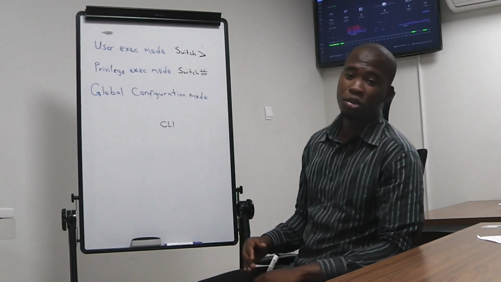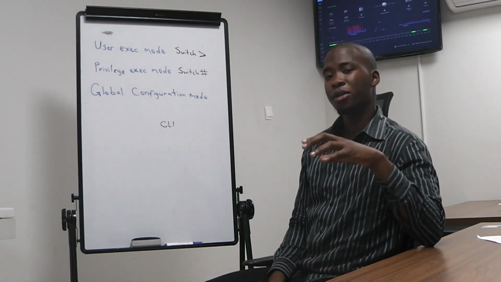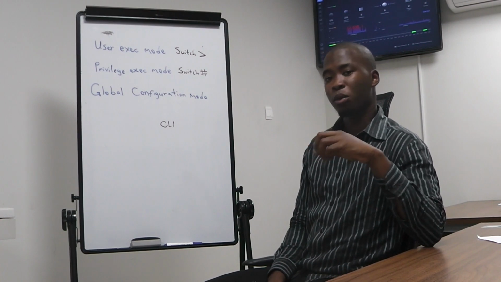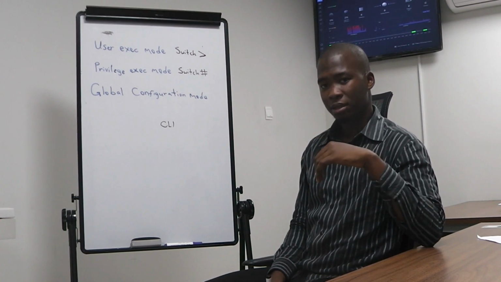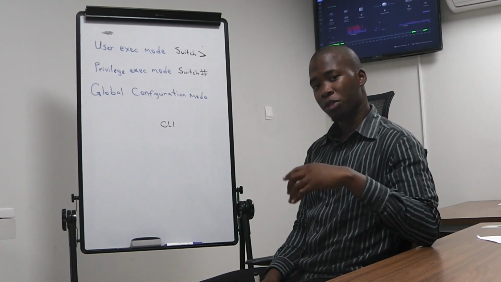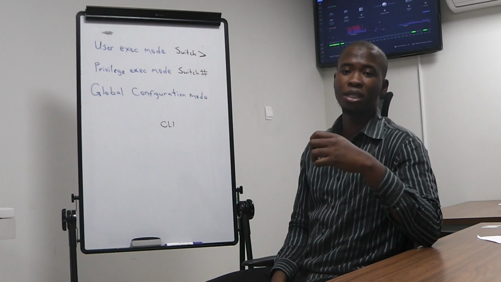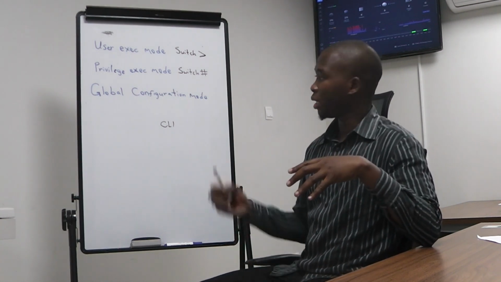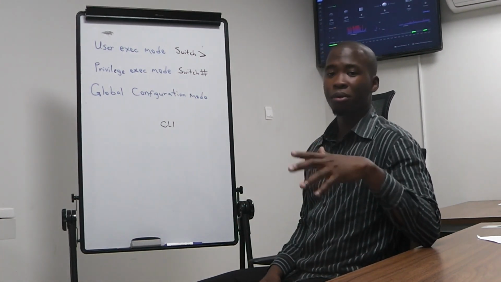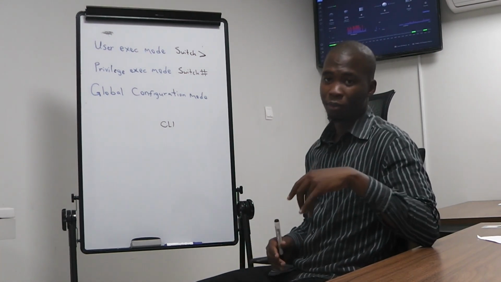At the global configuration mode, any configuration that you apply globally affects the device. Basically, any configuration that is done there affects the operation of the device. Here you can change whatever configuration that you want at the global config.